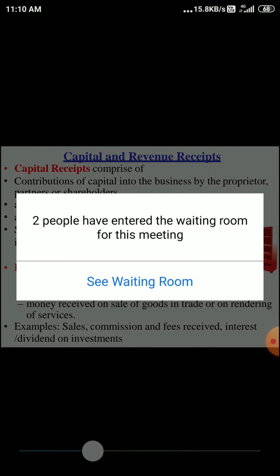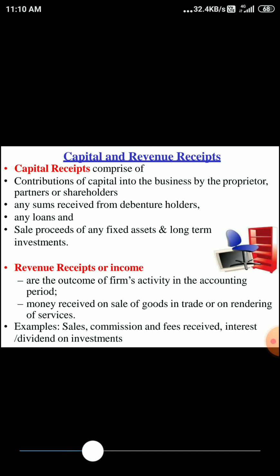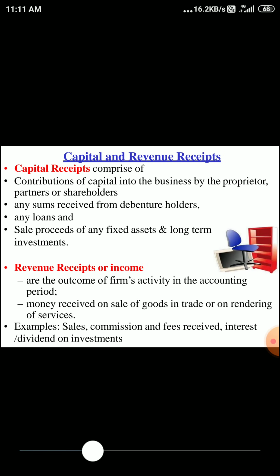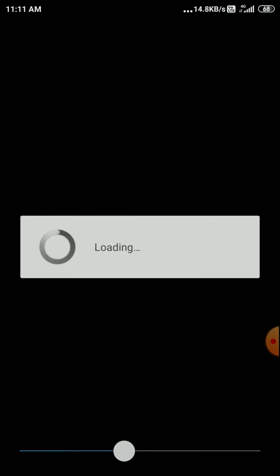If you sell assets and get income, that is capital receipts. If you sell goods and get income, that is called revenue receipts. Examples of revenue receipts are sales, commission, fees received, interest, and dividend on investment. These are all types of revenue receipts.